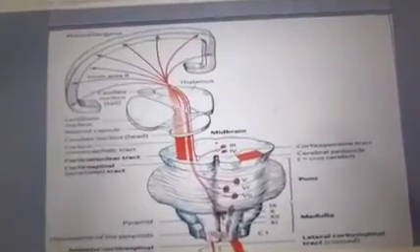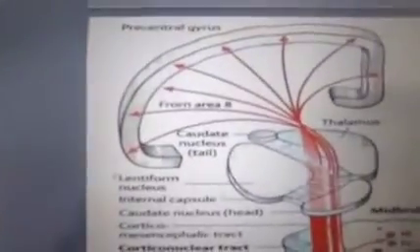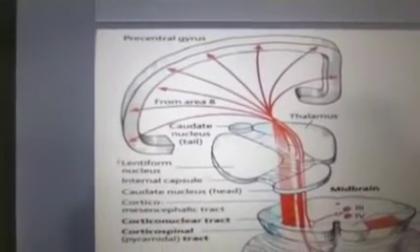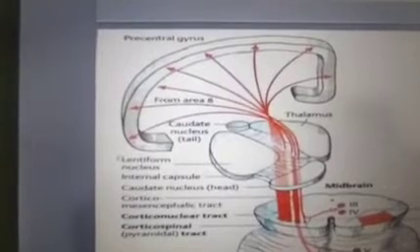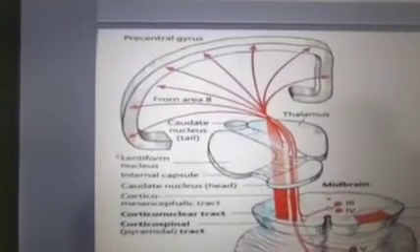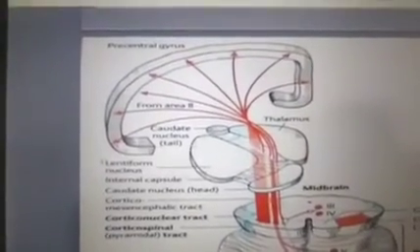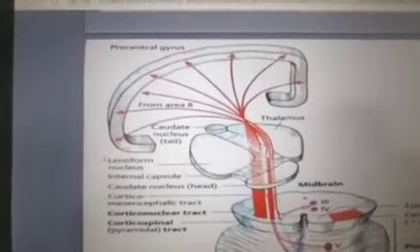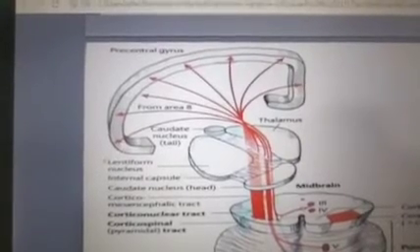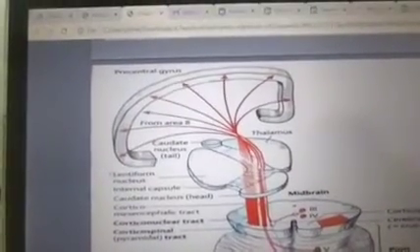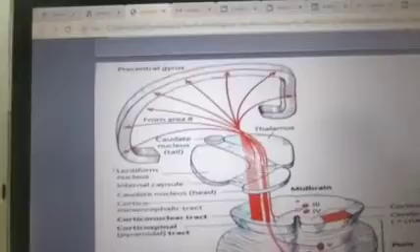Now here we can see the fibers coming from the thalamus reaching different areas, that is the caudate nucleus, then frontal area number 8, then the different motor areas including areas 3 to 1 and area number 4 as well. And this is the corticonuclear tract or corticospinal tract, which we also call the pyramidal tract. From there it is relaying from the thalamus and reaching different areas of the precentral gyrus. So that was about the corticospinal tract.